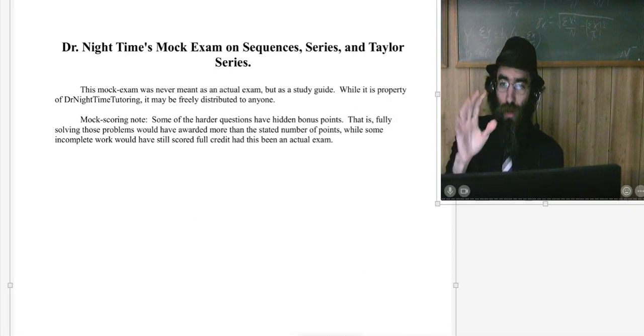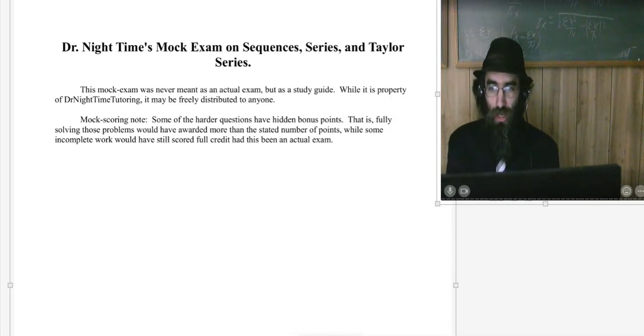A couple of other notes that I forgot to put on the cover sheet. This exam was designed to be completed in about 2 hours, and it was designed to be completed pen and paper without use of a calculator.